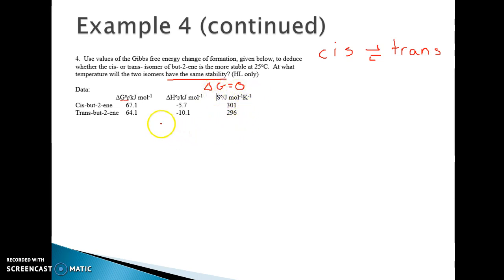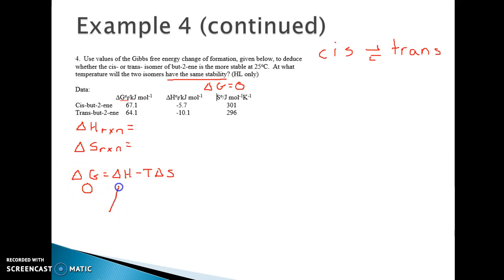I'd like you to try to do as much of it as you can on your own, so I'm going to have you pause in a minute and come back. You're going to need to calculate the delta H of reaction, the same way we did it for the previous problem. I also want you to calculate the delta S of the reaction. And then I want you to use this formula: delta G is going to be equal to 0.